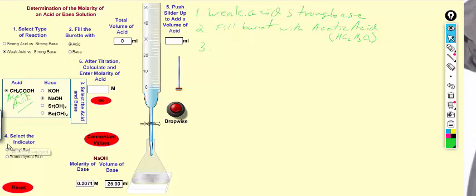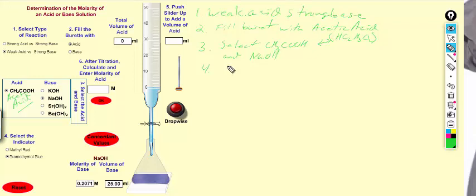The indicator we will select here is bromethymol blue. 1, 2, 3. This must be 3, 4. Acetic acid, CH3COOH. Same thing. And sodium hydroxide. 4.